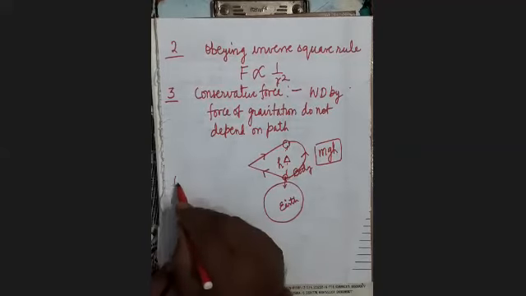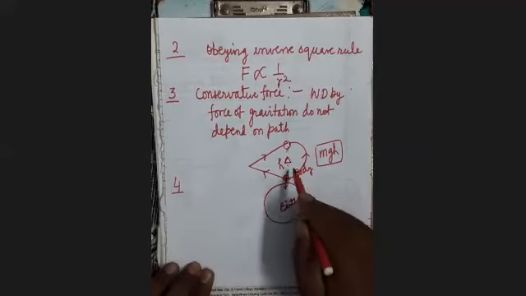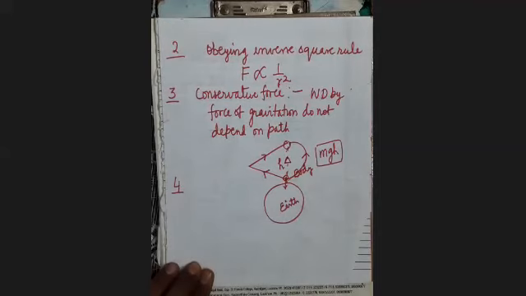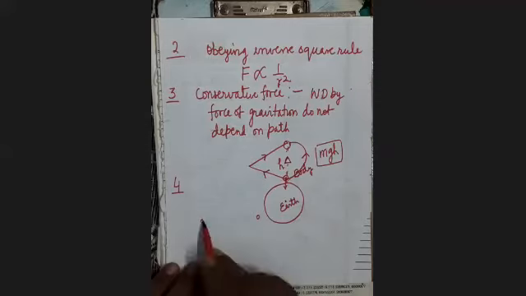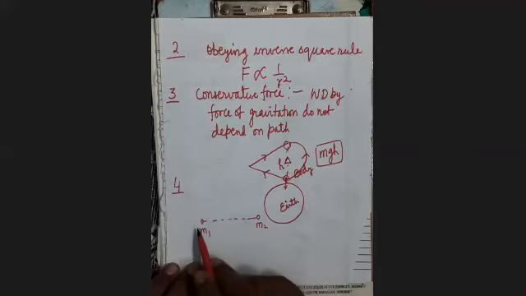One more property, about which I have already told, is that this force does not depend upon the nature of the intervening medium between two bodies, whether they are situated in vacuum, or in air, or in underwater.